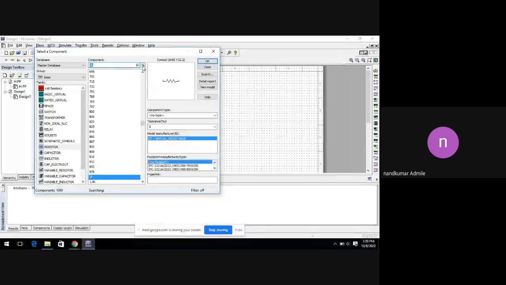Okay. So first we can draw the basic circuit diagram. If you observe the circuit diagram of each parameter, it consists of two voltage sources, right? So we can call them V1 and V2. So first we have to take the two voltage sources, V1 and V2.